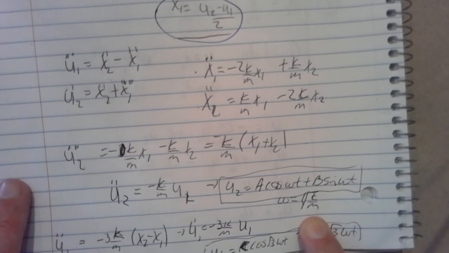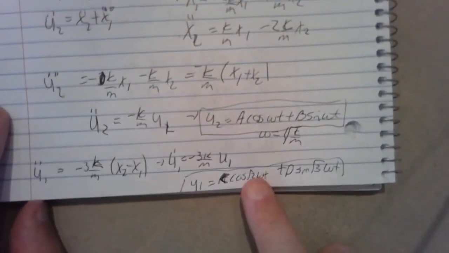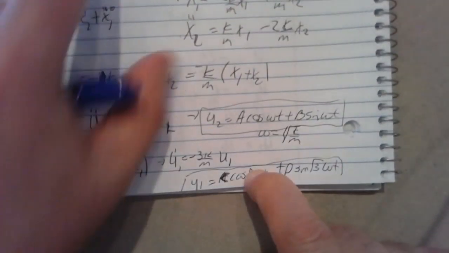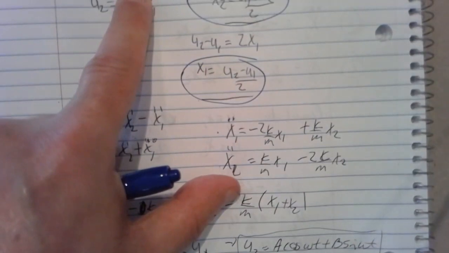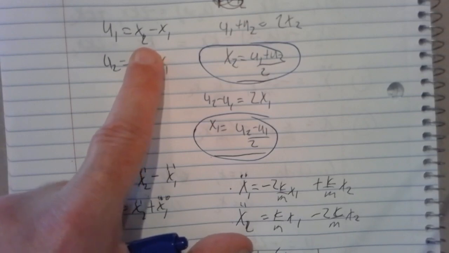And it'll go like a cosine. This guy says u1 also goes like a cosine, but with a different frequency. His frequency is multiplied by square root of 3. And that was if I moved them both over and let them go. The center of mass will oscillate back and forth like a cosine.